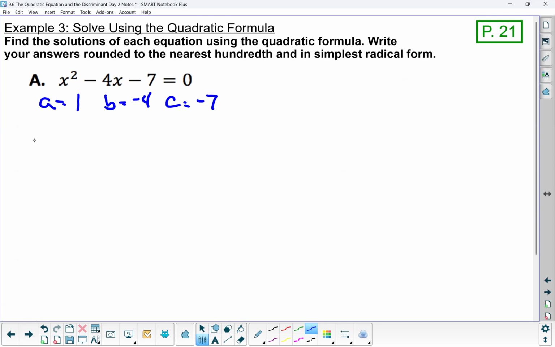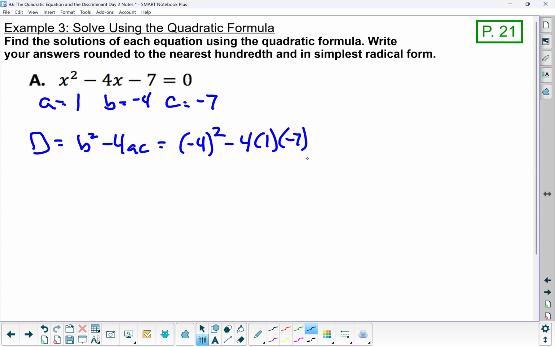For the quadratic formula, we're first going to figure out the discriminant, which is b squared minus 4ac. So negative 4 squared, and yes, the negative 4 needs to be in parentheses, minus 4 times a times c. We could just plug this right into our calculator if we wanted, or we could simplify it by hand.